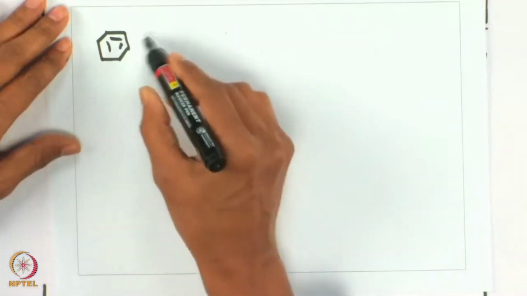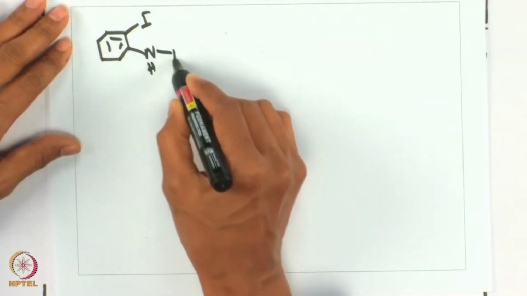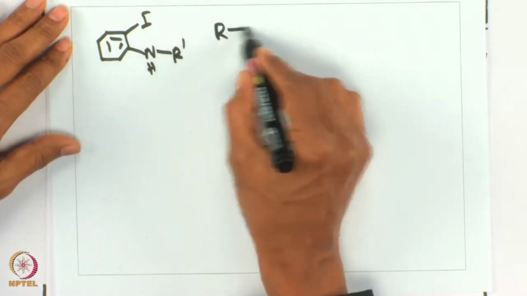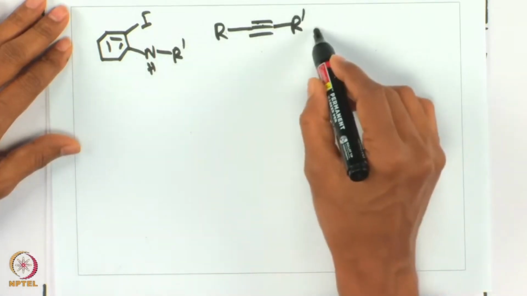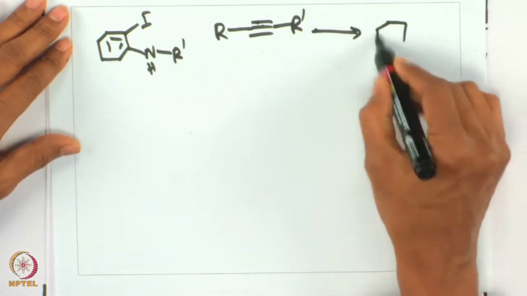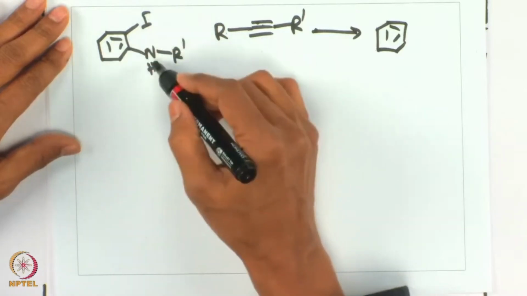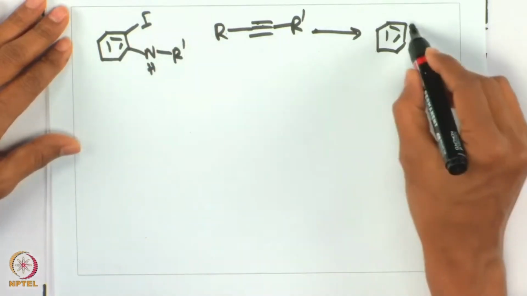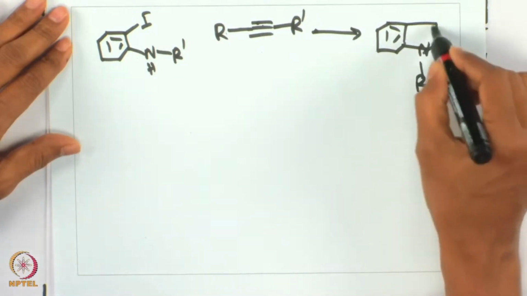So, we have iodo, NHR prime, and an alkyne, an internal alkyne for example, we take. The product we get in these cases, if you take something like 2-iodoaniline, of course substituted, is the indole.